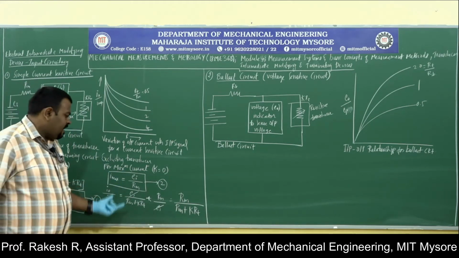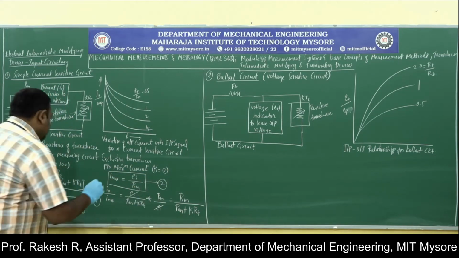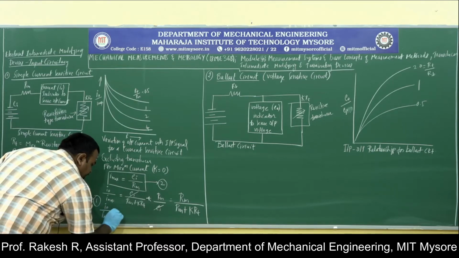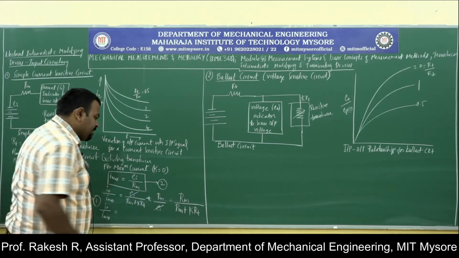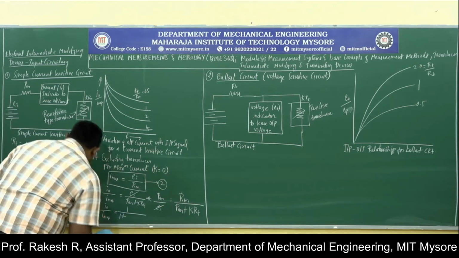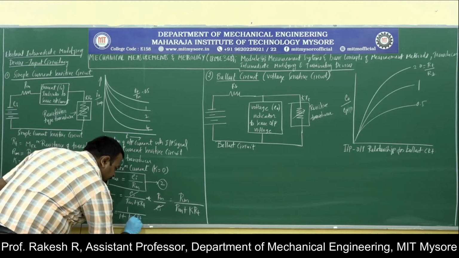So let us see how to derive this further. I will make this a constant, I naught by I max. In the numerator and denominator, if I take RM as common, they will get cancelled. It will be 1 plus K into RT by RM.